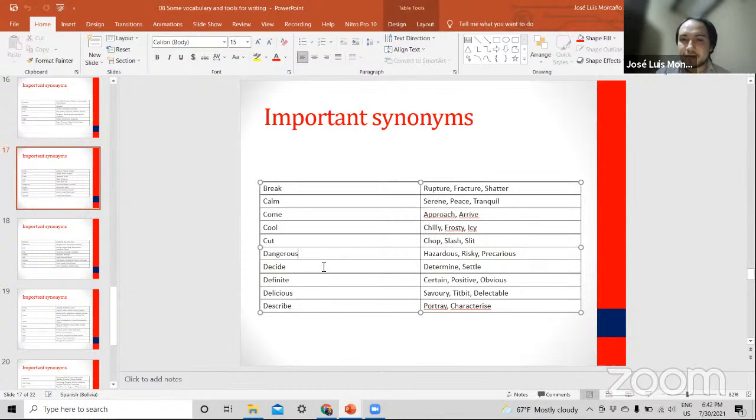Then you have decide: determine, settle. To determine, and to settle. I think we also covered this, to settle down. And describe, which is going to be to portray or characterize.